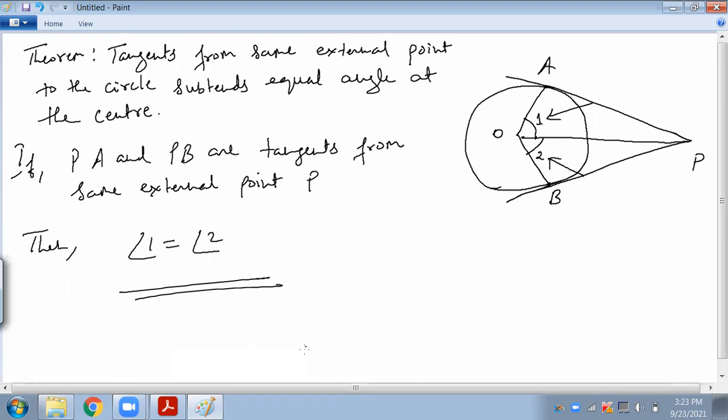Okay, so I think it's done. One more theorem we're going to say.